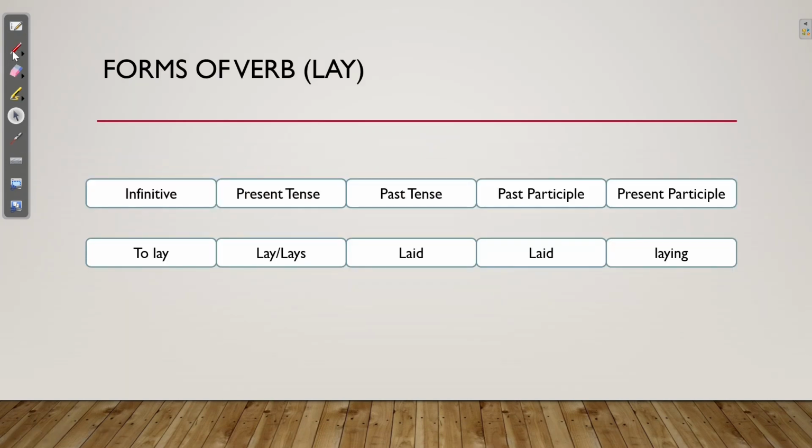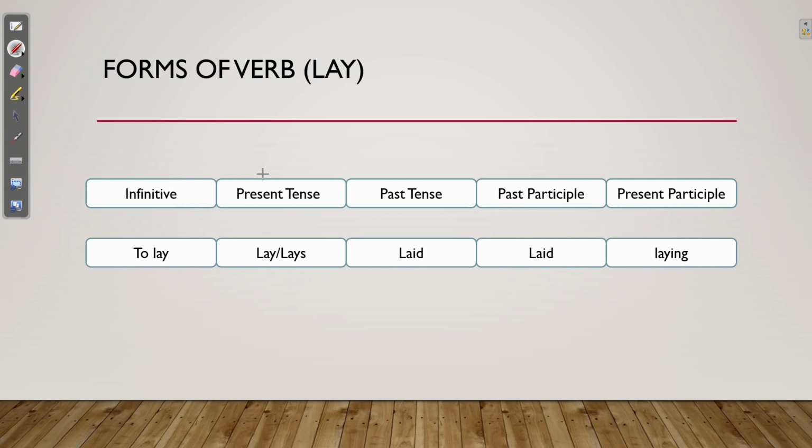Okay, next we have the different forms of lay. Alright, so the forms of lay are very important and you guys need to memorize them strongly, the different forms of lay, with L-A-Y spelling. Right, so the first, the infinitive form of lay, is to lay.